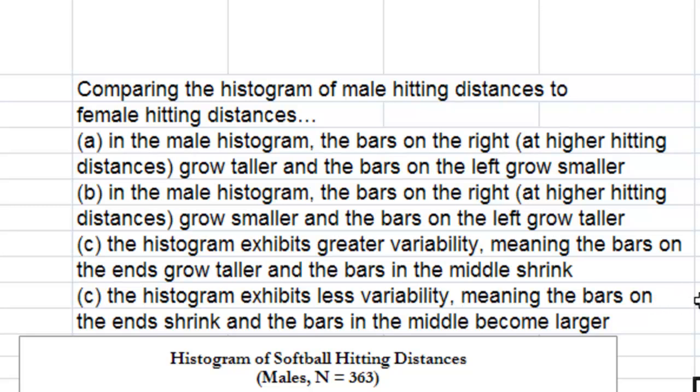C and D may seem odd to you, but they're going to be important in a minute. C says the histogram exhibits greater variability, meaning the bars on the ends grow taller and the bars in the middle shrink.